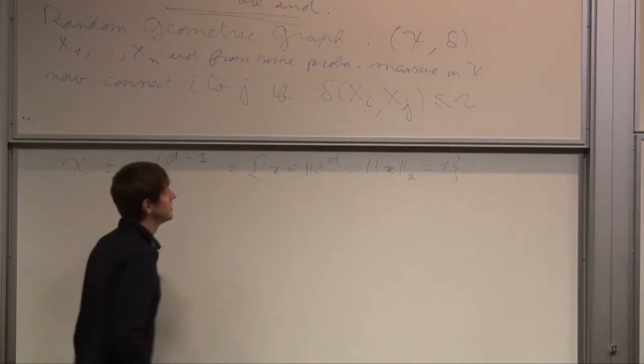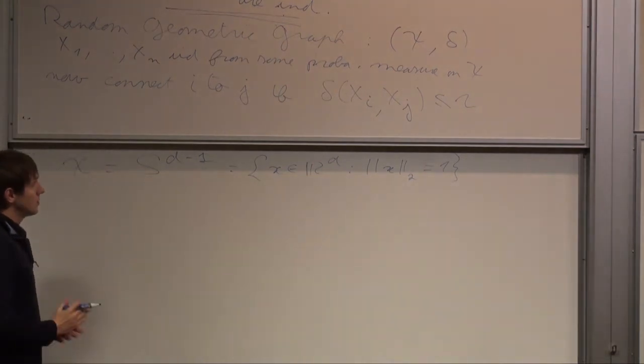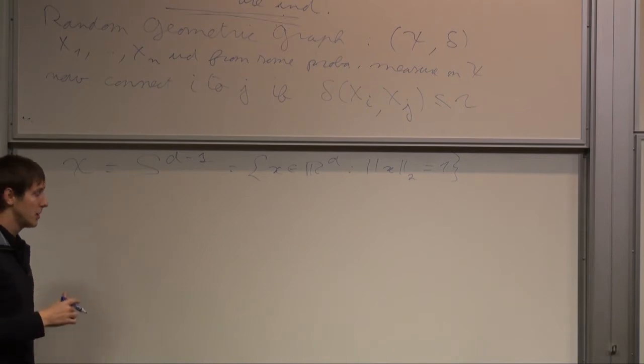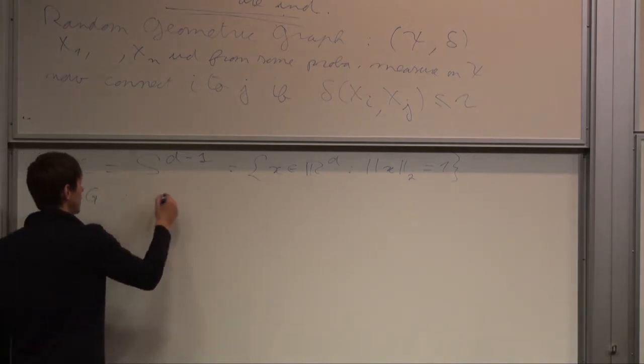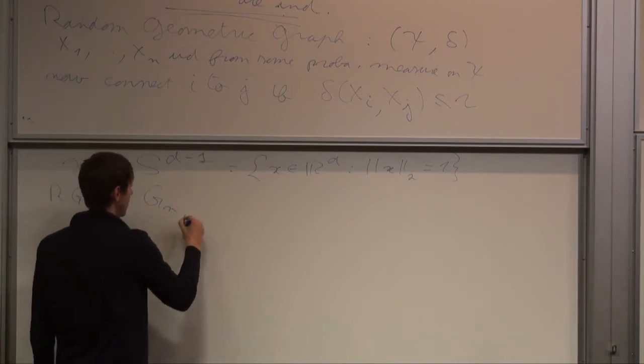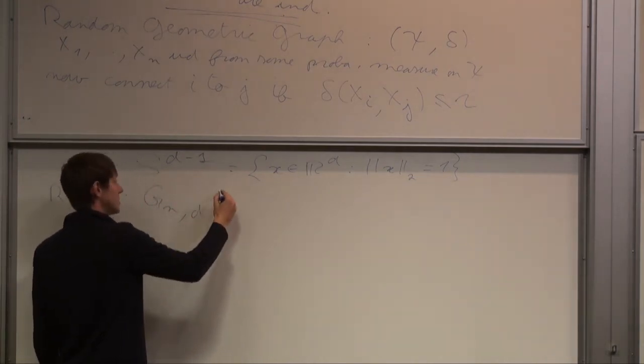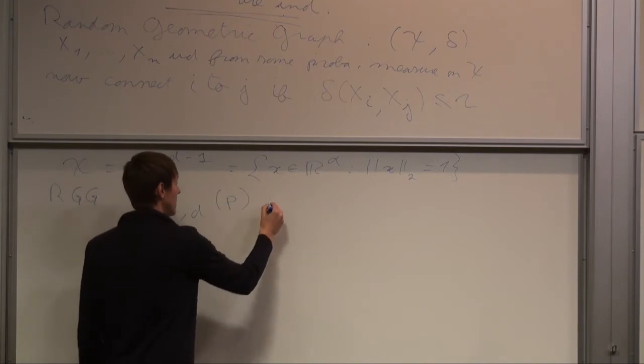And again, delta is the Euclidean metric, and I'm going to take the measure to be the uniform measure on the sphere. Okay, so now what I will call a random geometric graph, and I will define this as G(n, d), and it's also going to depend on p, is as follows.